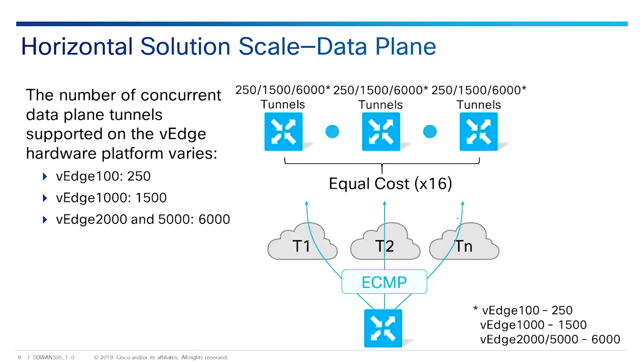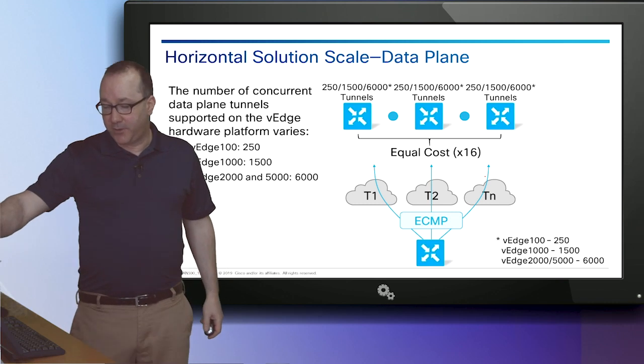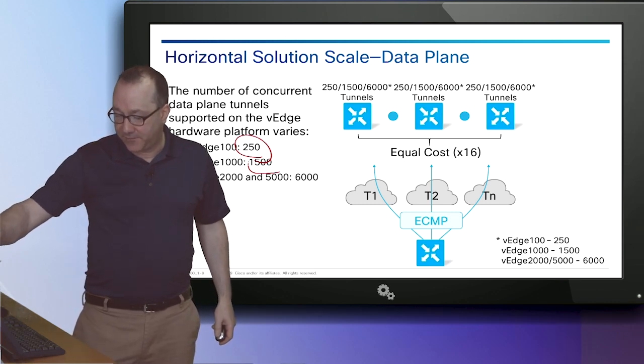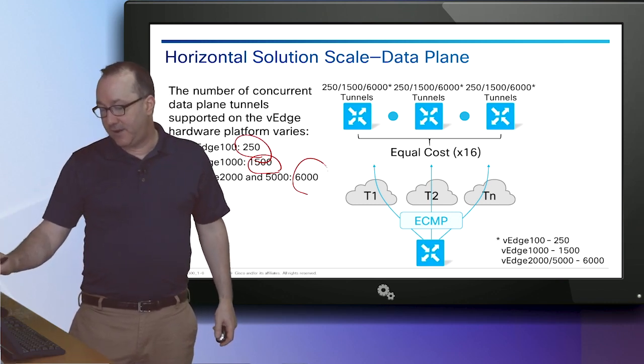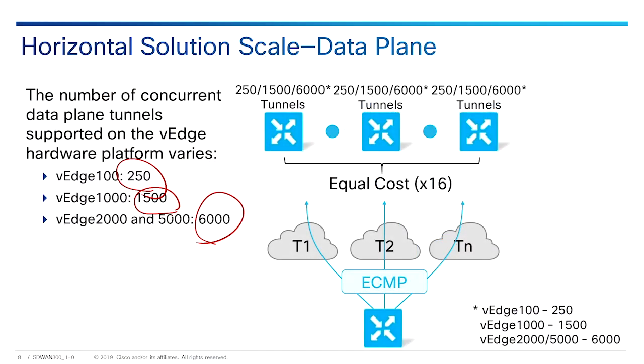So on the horizontal side, the number of data plane tunnels supported on the vEdge is going to vary. If you've got the vEdge 100, we only support up to 250 tunnels, and the 1,000, 1,500, 2,000 and 5,000 have 6,000 tunnels. We also have equal cost multipathing between the two, and that's what ECMP stands for if you didn't know.